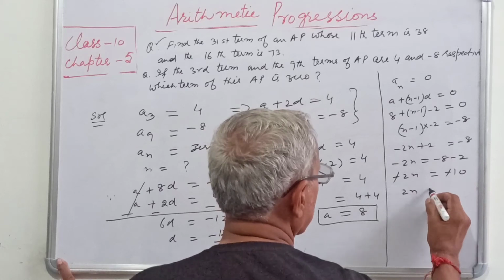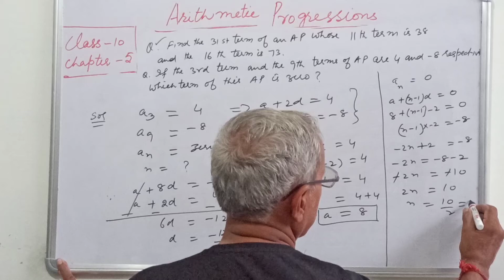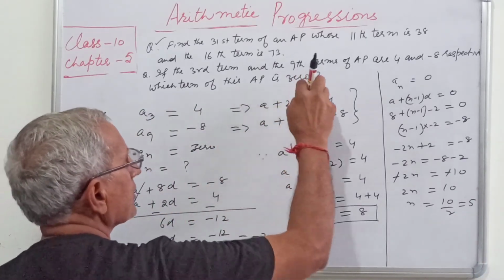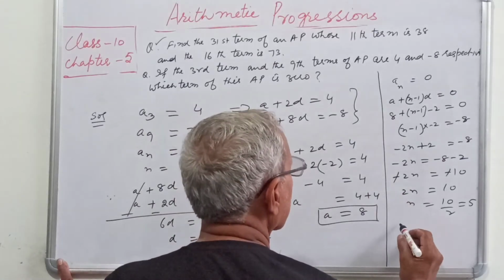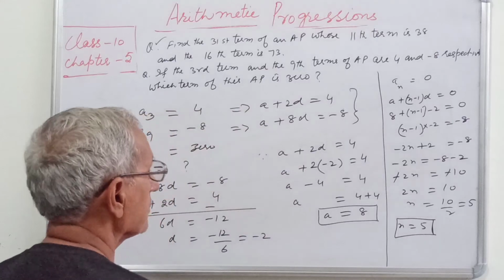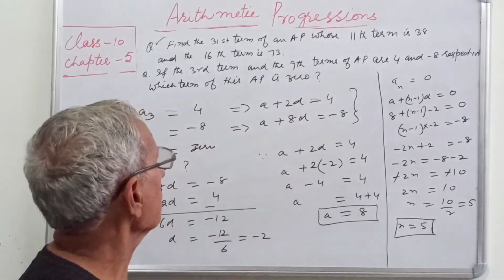So 2n is equal to 10. The value of n is 10 divided by 2, that is 5. So the fifth term is 0, so n is equal to 5. In the given AP, the value of the fifth term is 0.